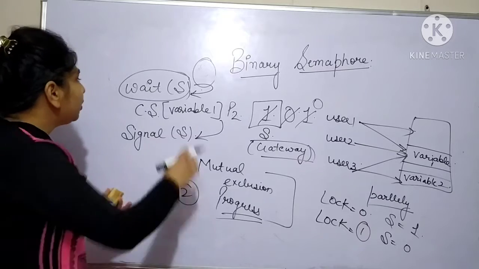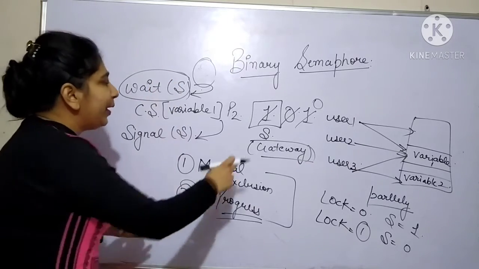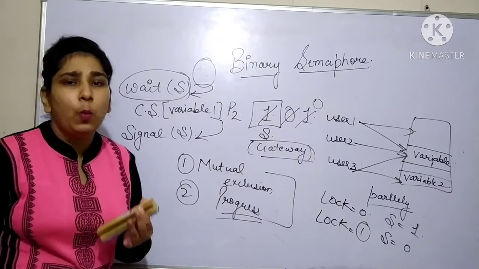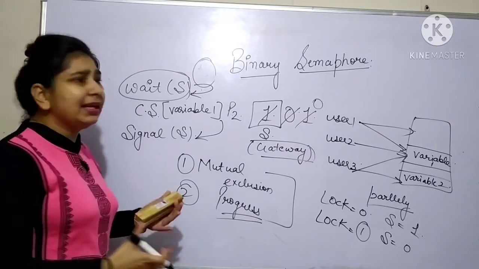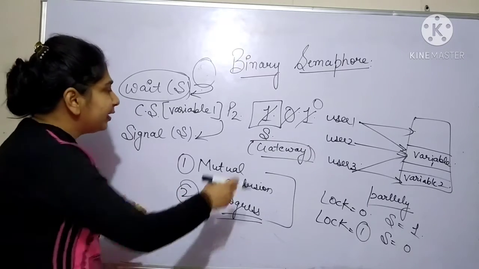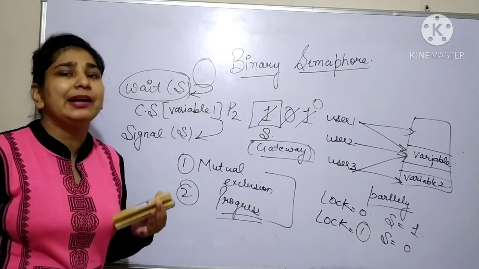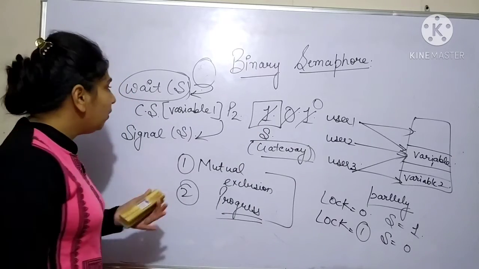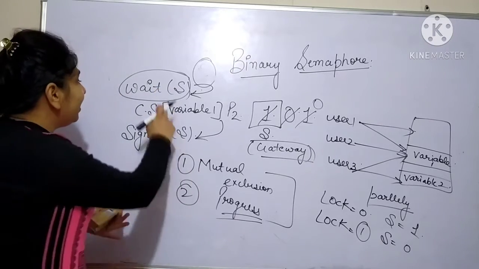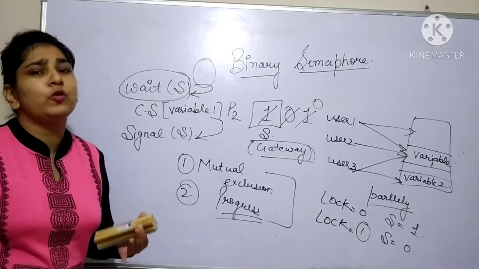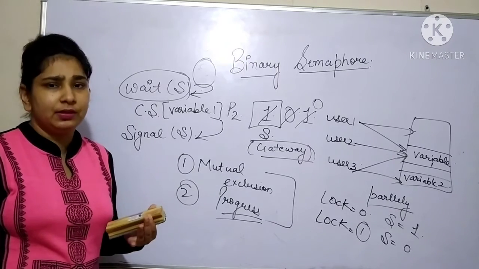They are continuously waiting for the semaphore variable value to become 1, continuously looking at the semaphore variable again and again. So they are stuck in a loop, executing the same instruction. So our CPU time is wasted.